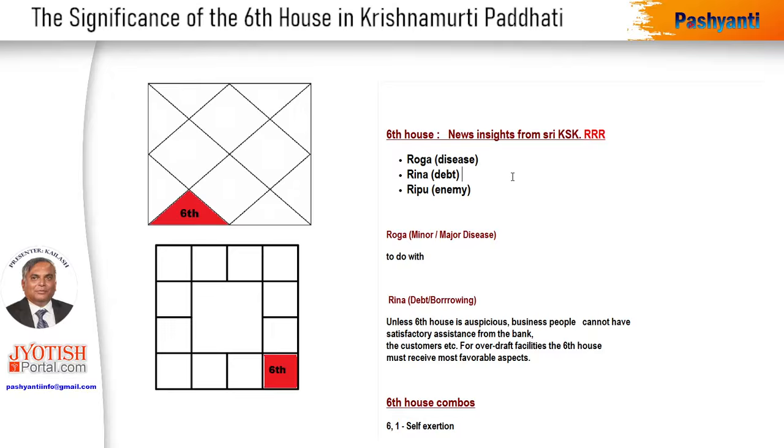But the only thing is that in the Krishnamurti Paddhati, the interpretation of these keywords, especially this particular keyword, which I'm going to discuss in a while, is done in an absolutely new light, and it gives a very special status to the role of the sixth house. So we'll discuss that in a while.